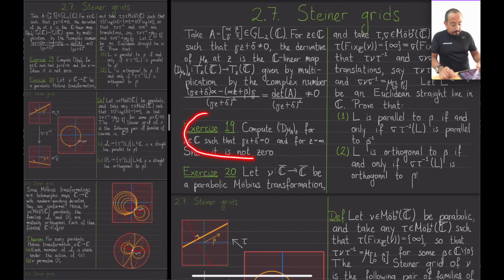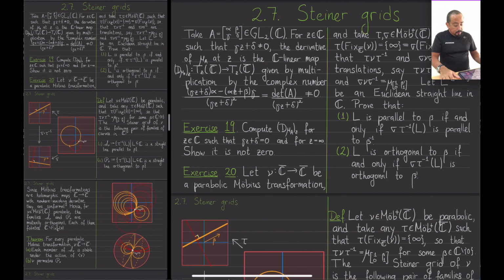Then there is the exercise that at the point at infinity, both in the domain and in the codomain, you have to compute the derivative, using the charts around infinity, and verify that it's not zero. So the takeaway is that Möbius transformations are conformal at every point, and hence they preserve angles of intersections between curves.